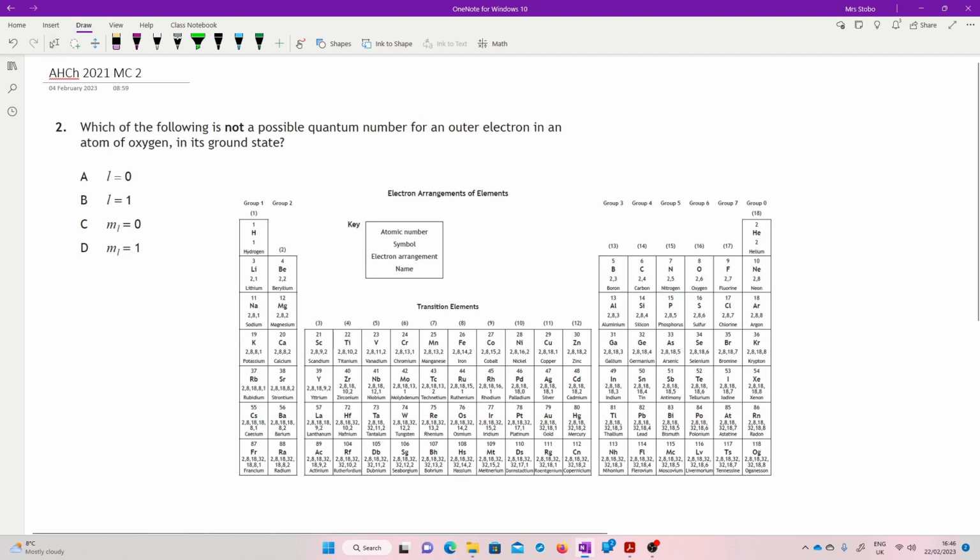Okay, question 2. Which of the following is not, in bold, so therefore important, a possible quantum number for an outer electron in an atom of oxygen in its ground state? So we've not got any promotion, we've not got anything moving anywhere. We are literally just looking at our oxygen over here. So 1s is already gone, that's not in the outer. We've got 2s that's been filled up, and then we've got 2p over here.